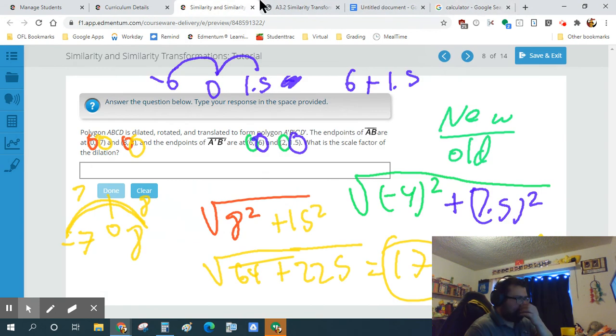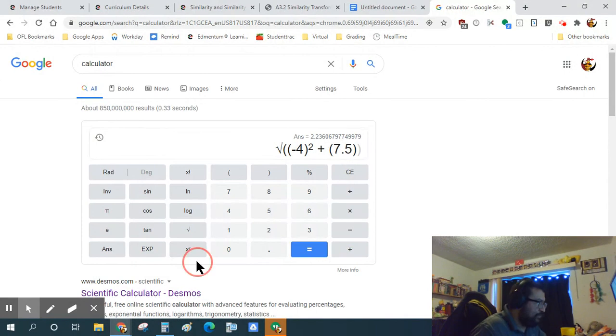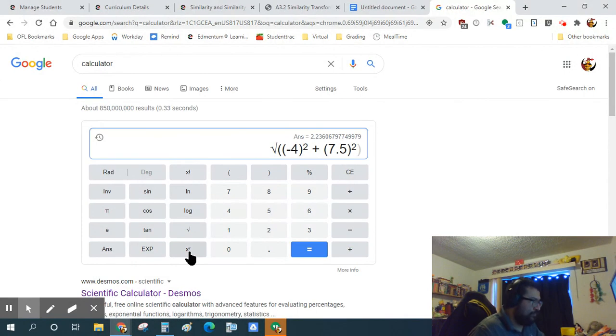Let me do this. -4 squared, and then plus this 7.5 squared. Oh my gosh, they're really doing something here. All right, and then I'm going to close the parentheses.